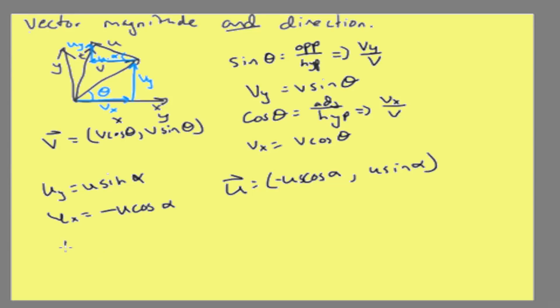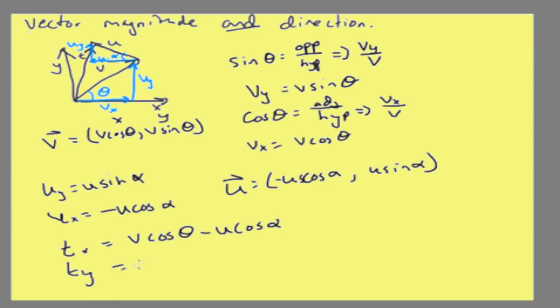Now our t. The x component is going to be just the sum of the two x components, so it's v cosine of theta minus u cosine alpha.